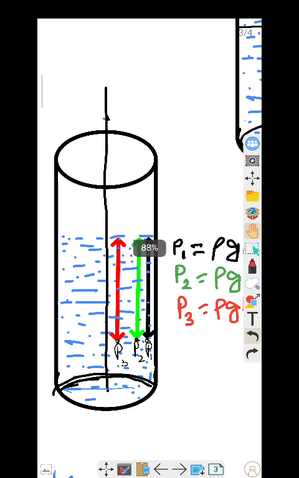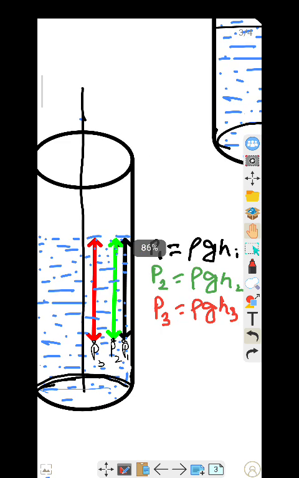So the pressures P1, P2, P3 have the expressions rho g h1, rho g h2 and rho g h3 respectively. Since h1, h2, h3 are the same, P1, P2, P3 will eventually be the same.